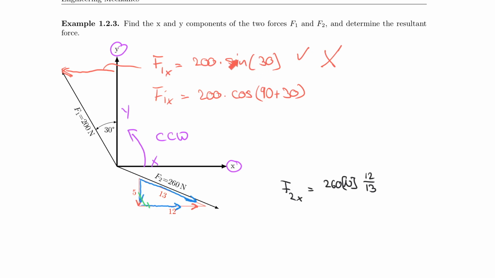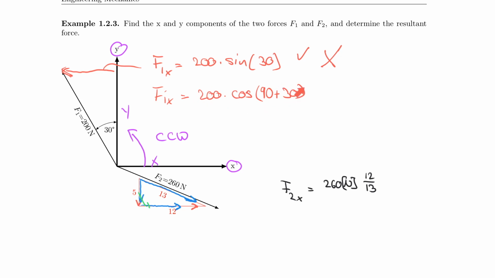But I see this leading to problems when the problems become more complex. So if you form a habit and use the unit circle, in which it's always measured from the positive x to the positive y, you are much better off memorizing that cosine is always x, the x component, and sine always leads to the y component. And when you do that, by the way, you never have to worry about positives or negatives.